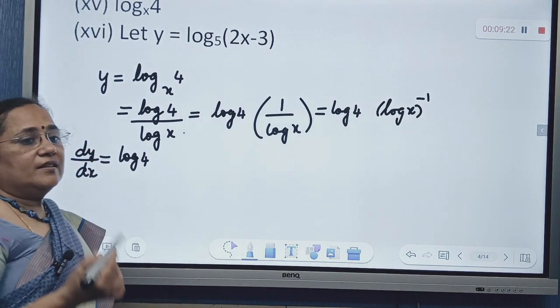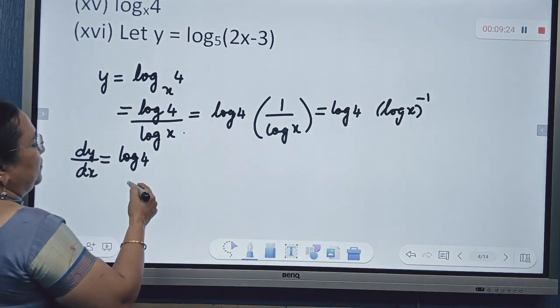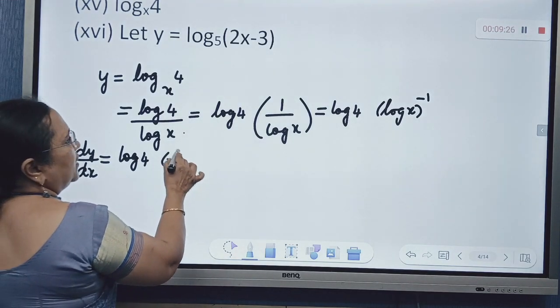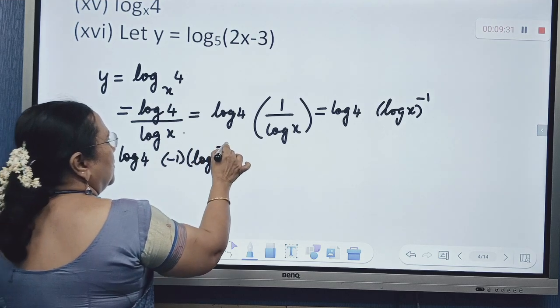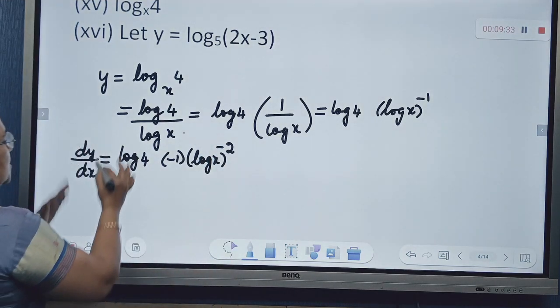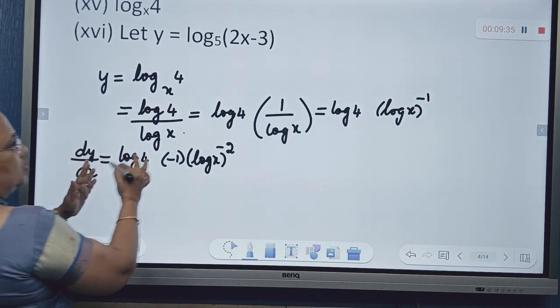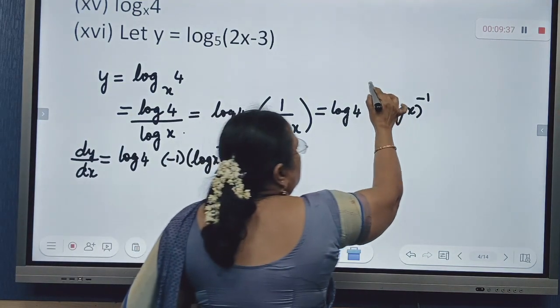X to the power n, the derivative is n x to the power n minus 1. So minus 1 into log x to the power minus 2. Log 4 is a constant, so I am only differentiating this portion.